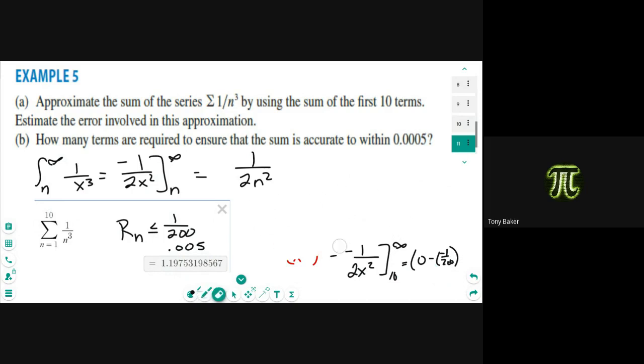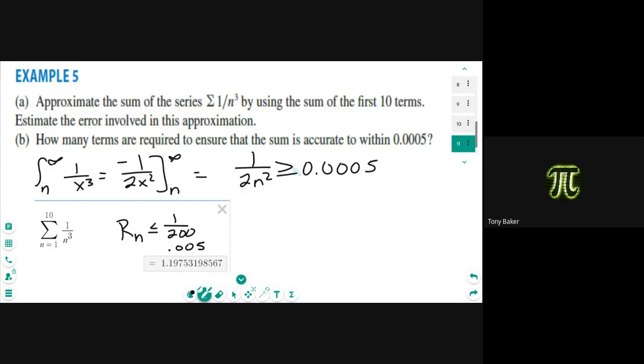So I want that to be less than or equal to 0.0005. Sorry, less than, not greater than, because I want it to be less than that.